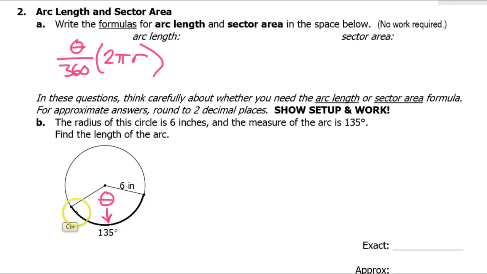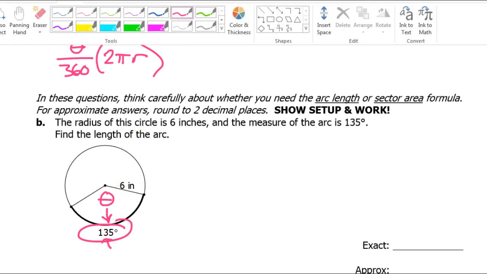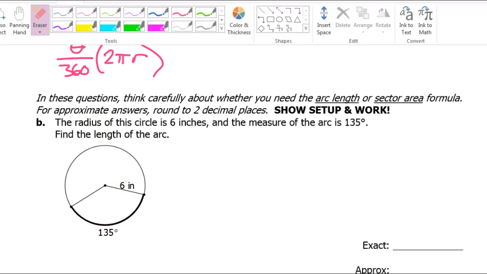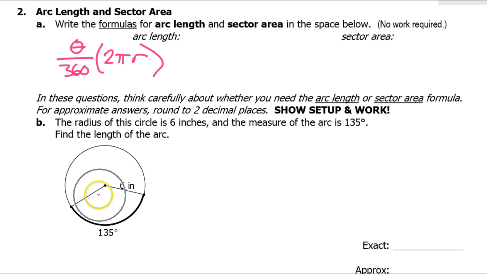So if I wanted to find the arc length, sometimes I'll have a student look at this and say, well, they already gave me the arc length. It's 135. No. That's degrees. That's not the length. Length would be like inches or centimeters or something. So when they give you this 135, that's not the arc length. That's the measure of the arc, which would be the same thing as this angle right here.